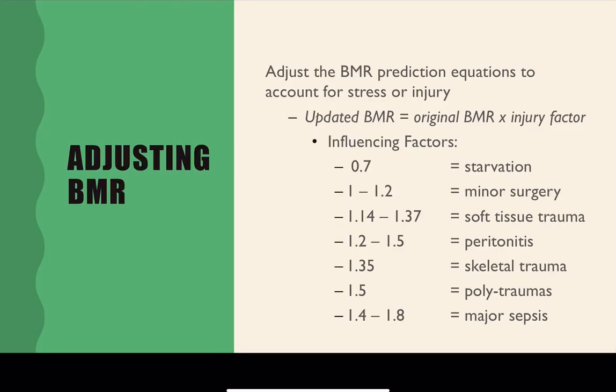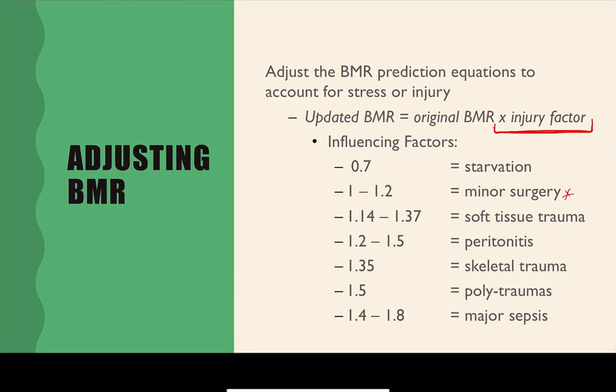You can adjust their BMR if you start with these prediction equations. Then you can use what's called an injury factor to see how the injury might be impacting their basal metabolic rate. So you take the Harris-Benedict equation and you find what would be their typical or estimated BMR, and then you just multiply that by an injury factor. So let's say they had a minor surgery.